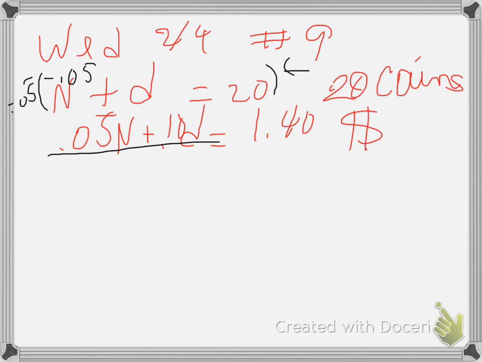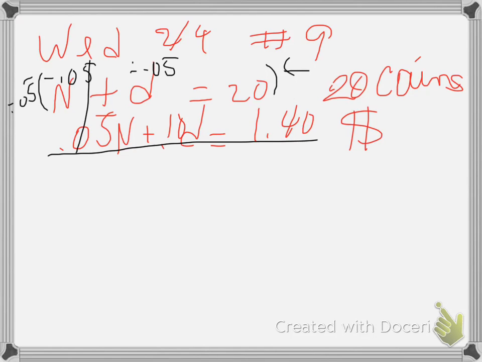So therefore it's going to cancel out. So we know that's gone. Plus, and this is going to be negative 0.05 for the D here. So negative 0.05 D. I know it's real messy.